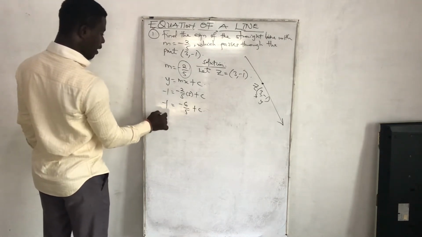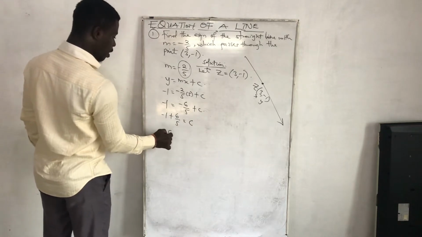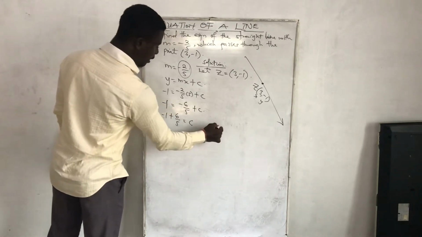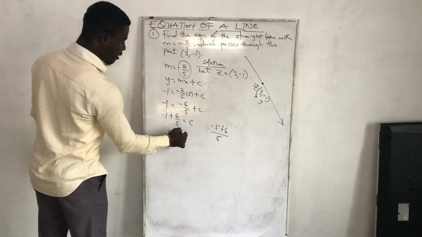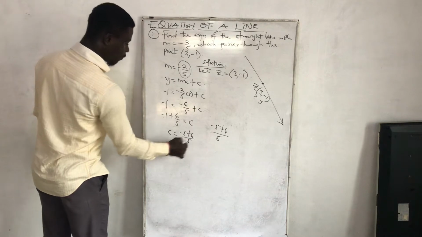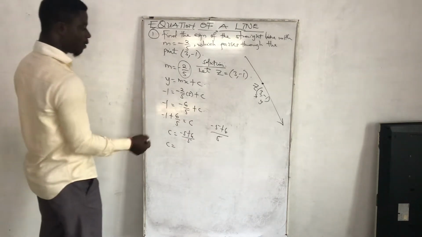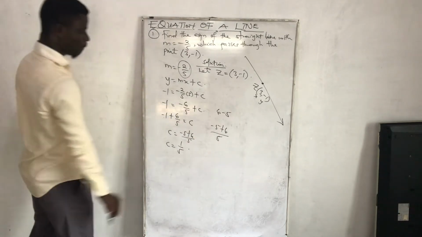Then we group like terms. -1 plus 6 on 5 equals c. So our c being equal to 5 times -1 gives -5, then plus 6 all on 5. So I get -5 plus 6 all on 5. So c is 6 minus 5, which is 1 on 5.